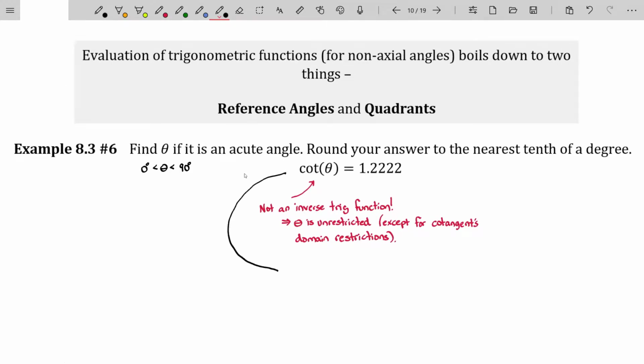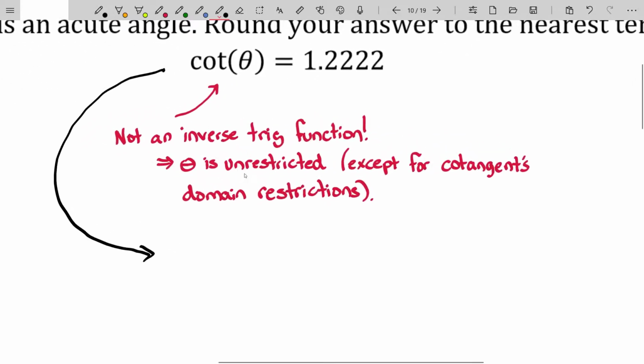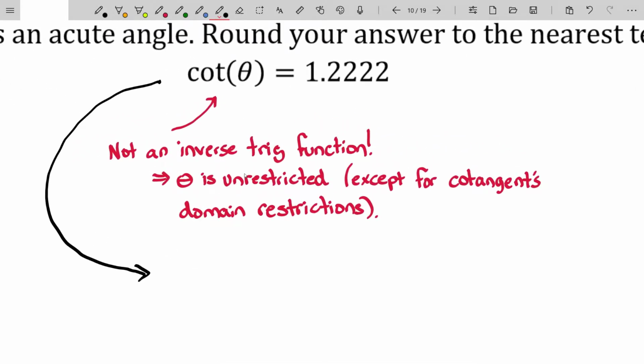We're going to say that if cotangent of theta is 1.2222, we're going to use the definition of the inverse trig functions to say, therefore, theta must be the cotangent inverse of 1.2222.